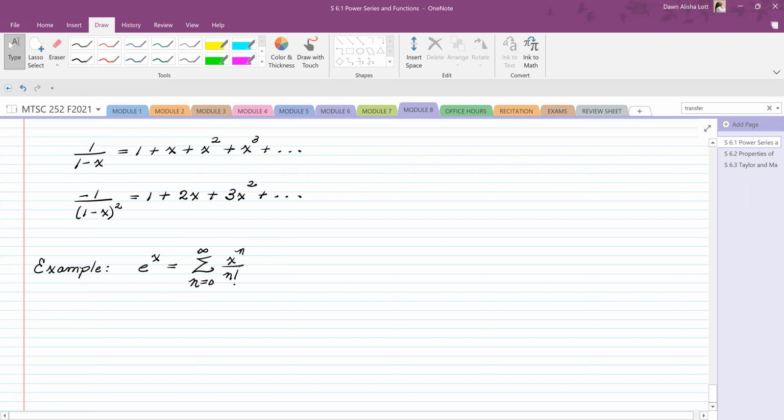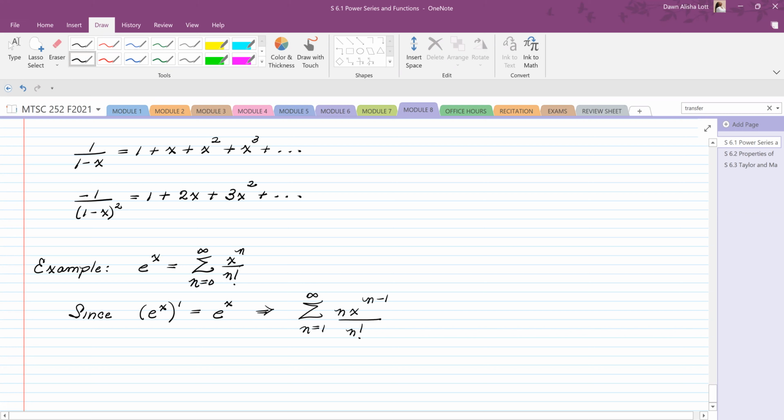So another way of writing e to the x, since the derivative of e to the x is just e to the x, that means then that e to the x also equals the sum n equals 1 to infinity of n x to the n minus 1 over n factorial.